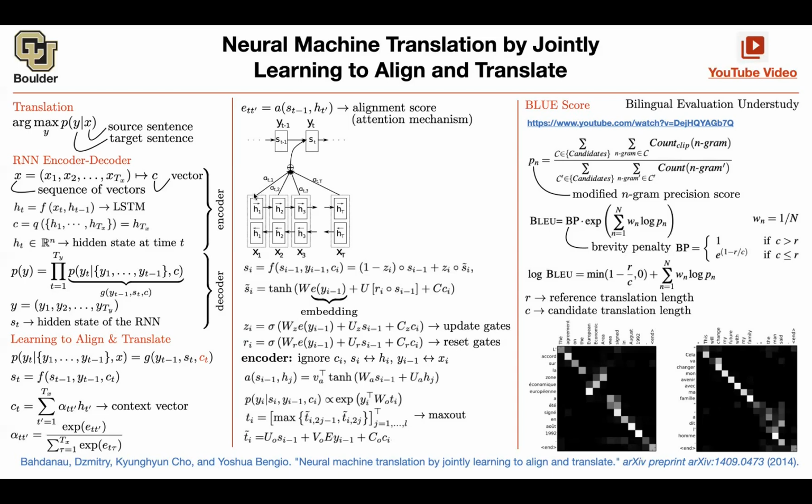How much attention should I pay to that? The second word, the third word, the fourth word, while predicting the current word in the translation. The rest of it is just recurrent neural network. We covered it before. There is this maxout nonlinearity in the end, which is a minor detail.